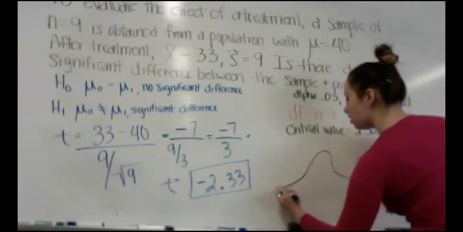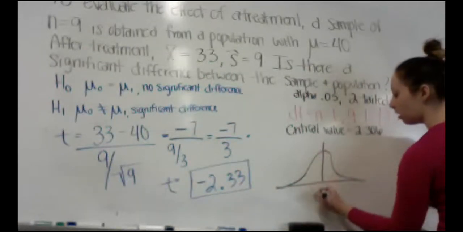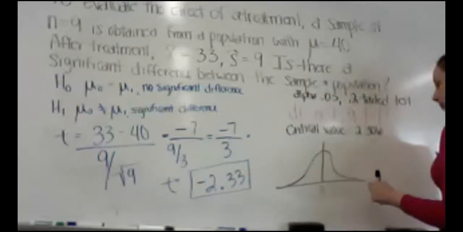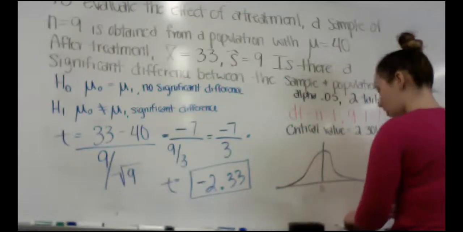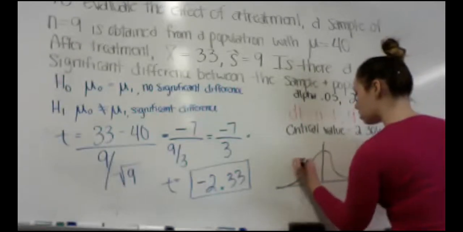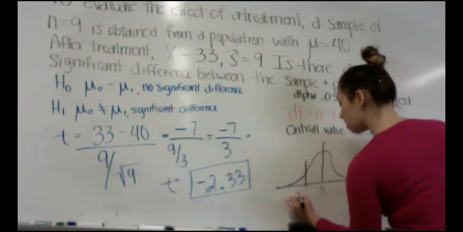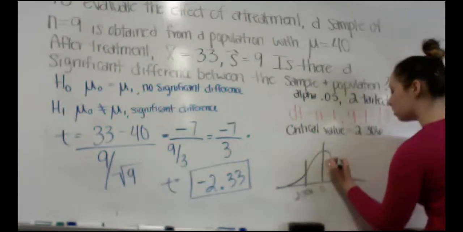Like I was saying earlier, it's very helpful to draw this out. Again, mean 0. Our t is 2.33. Our critical value in this case is 2.306 on both sides because we're doing a two-tailed t-test.